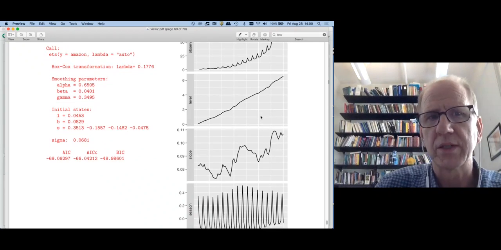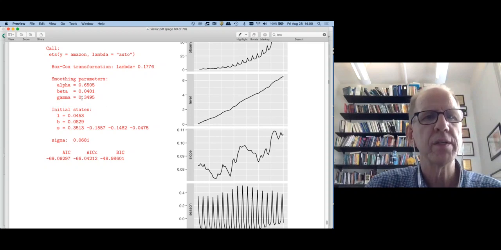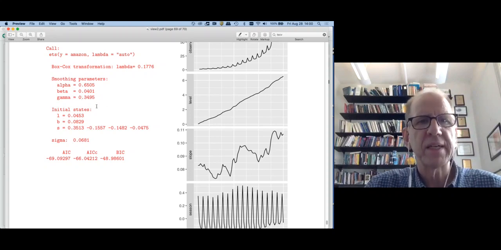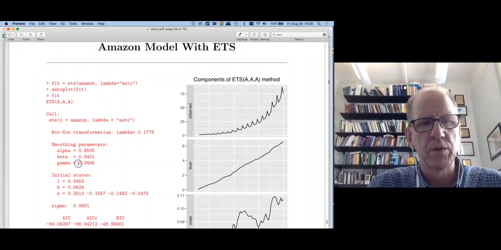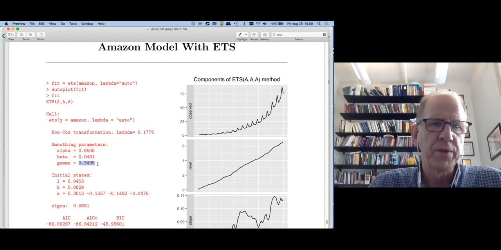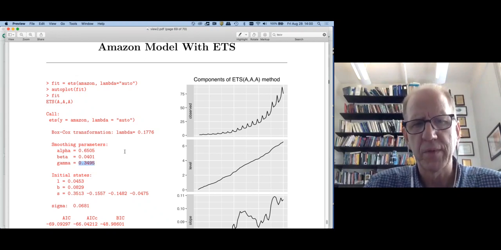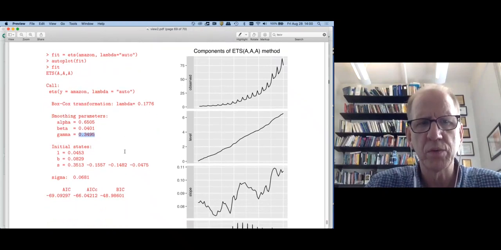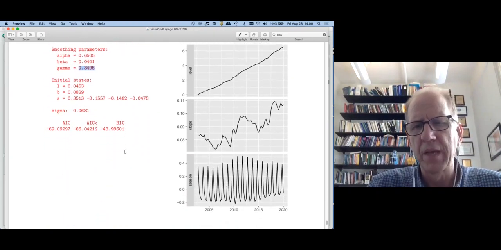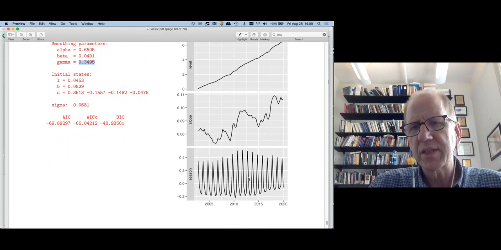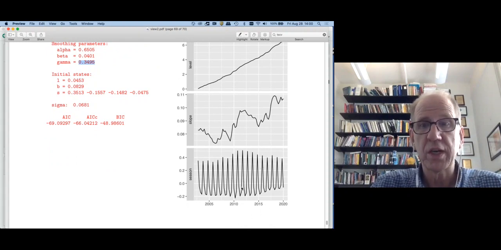One thing that is interesting about this is the estimated gamma parameters. So you're going to see gamma is fairly large, 0.35, meaning give roughly a third of the weight to the most recent seasonal values. Give the remaining 2/3 to what you had before. And so what we see in the seasonal plot is the amplitude of this is changing.